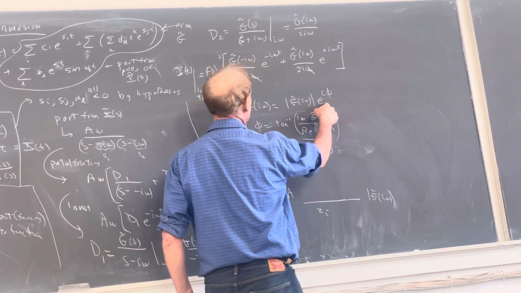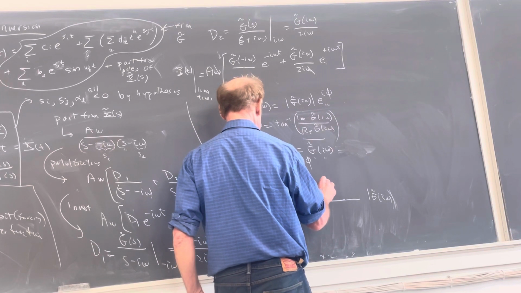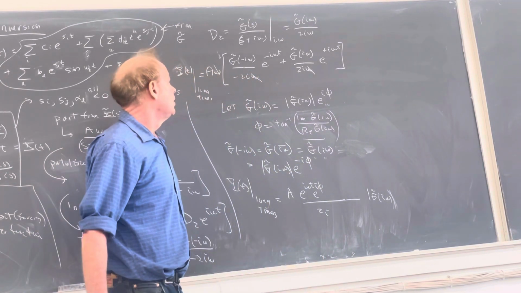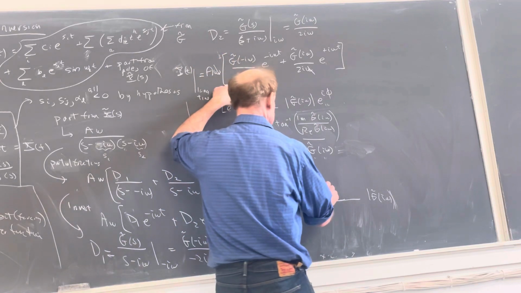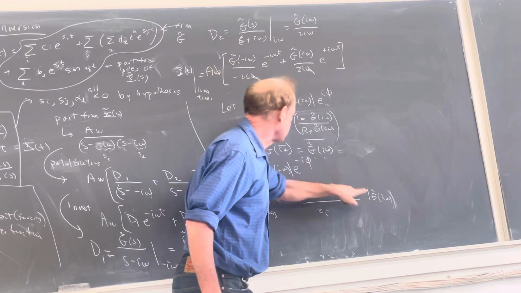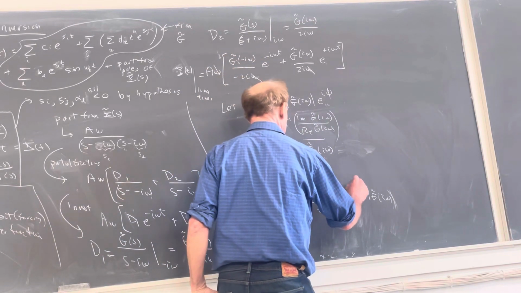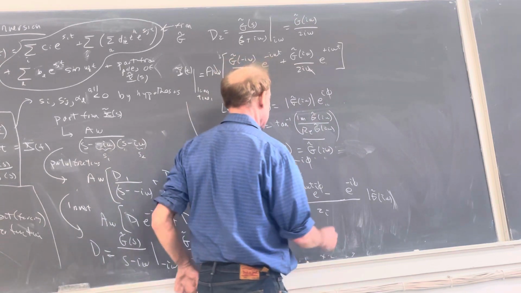So I've got e to the i phi, e to the i omega t. That's this term. This term has a minus sign here, so I pick a minus sign. This gives me the magnitude, which I factored out, times e to the minus i phi, times e to the minus i omega t.